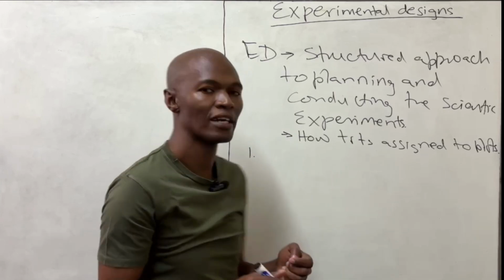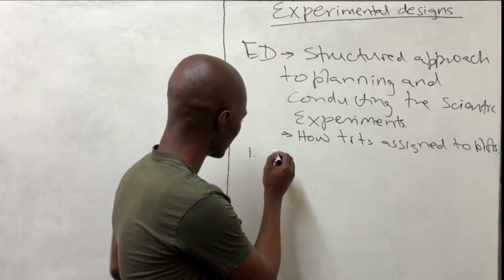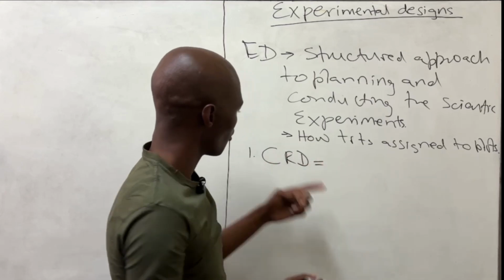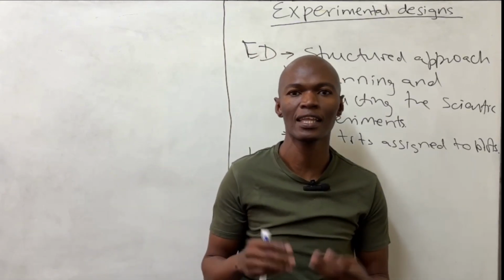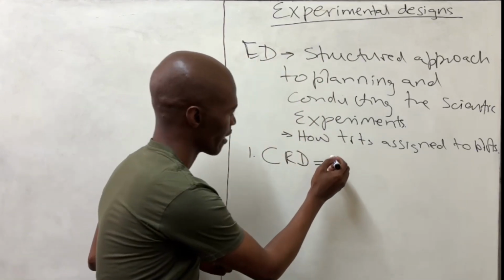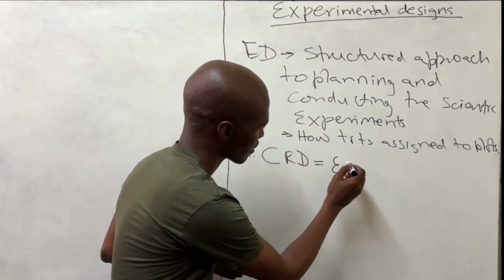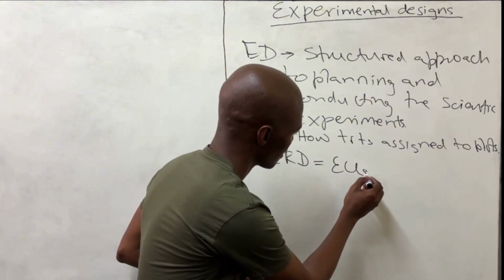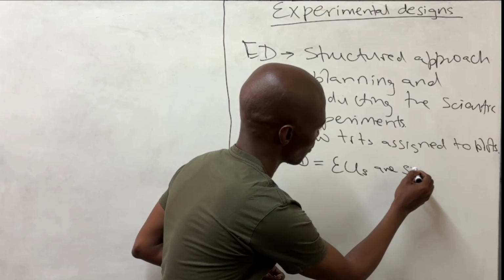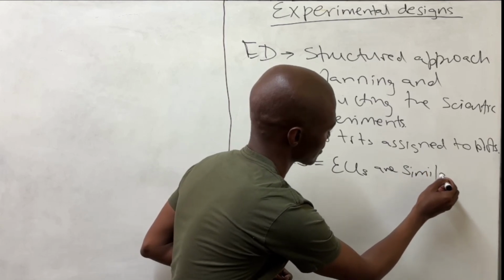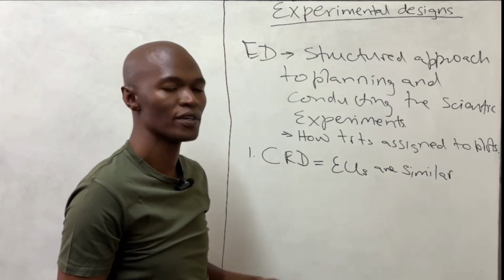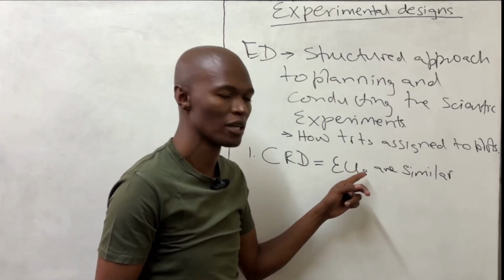The first one we call the completely randomized design. The completely randomized design is the experimental design whereby we have experimental units that are similar. We call them homogeneous. Remember, in one of our videos we explained what experimental units are.